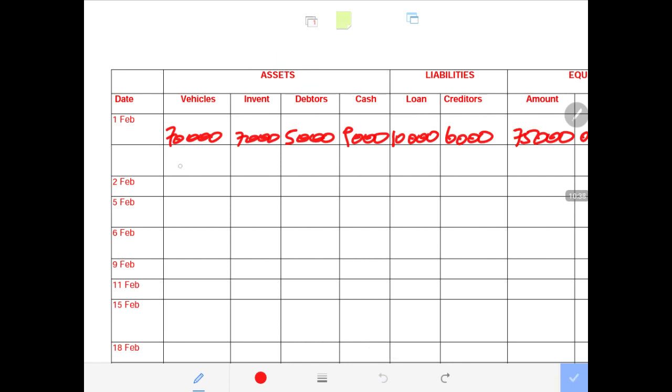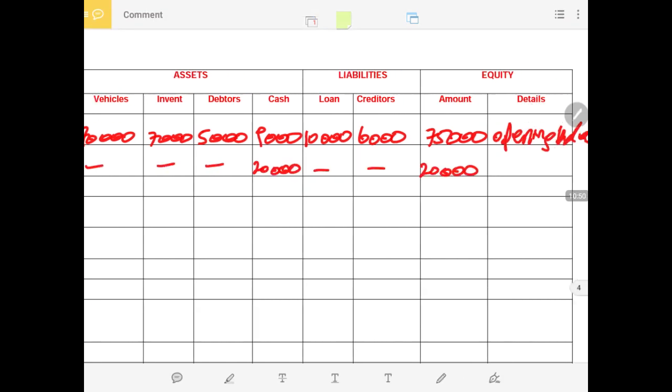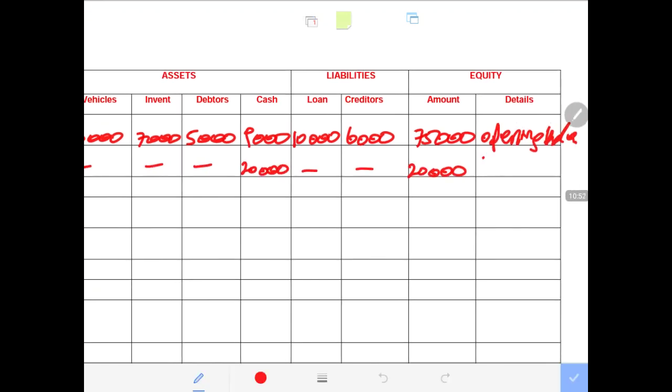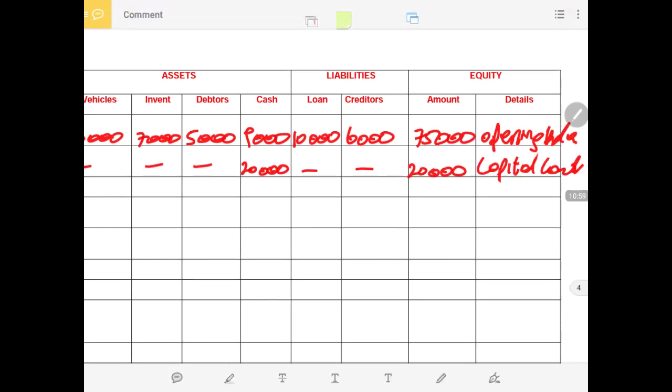Therefore now we expect that our bank must increase by the amount of 20,000 rands, which is the capital that was contributed by the owner. Therefore now the description will be capital contribution that was contributed by the owner of this business. Please remember to write the plus when necessary.